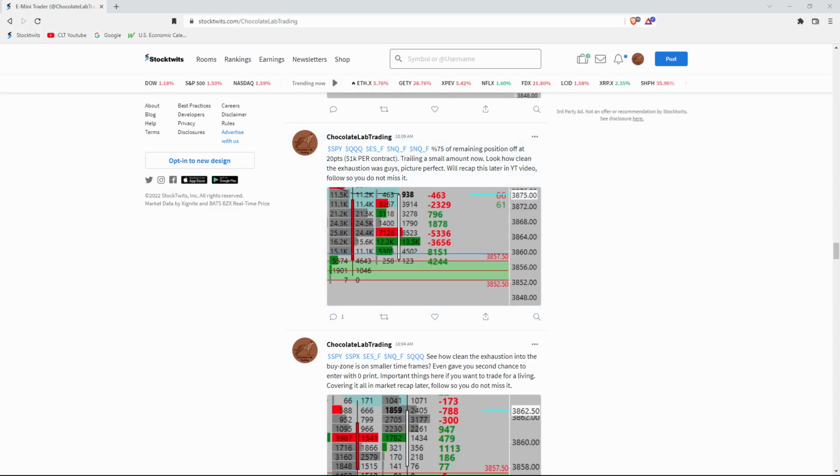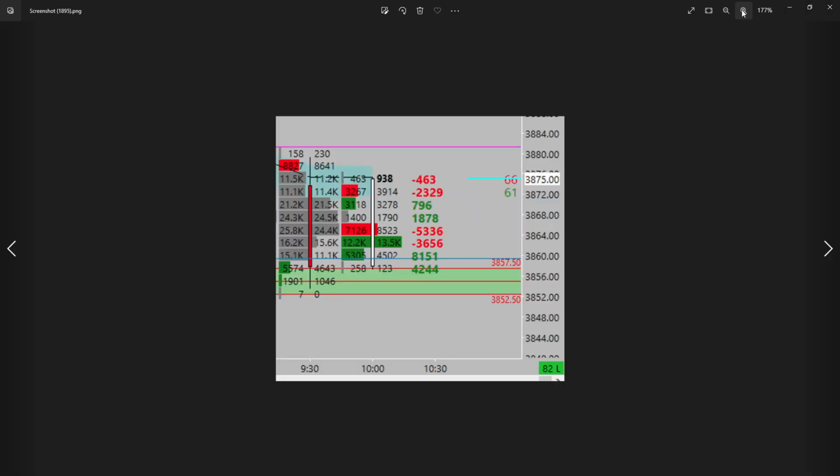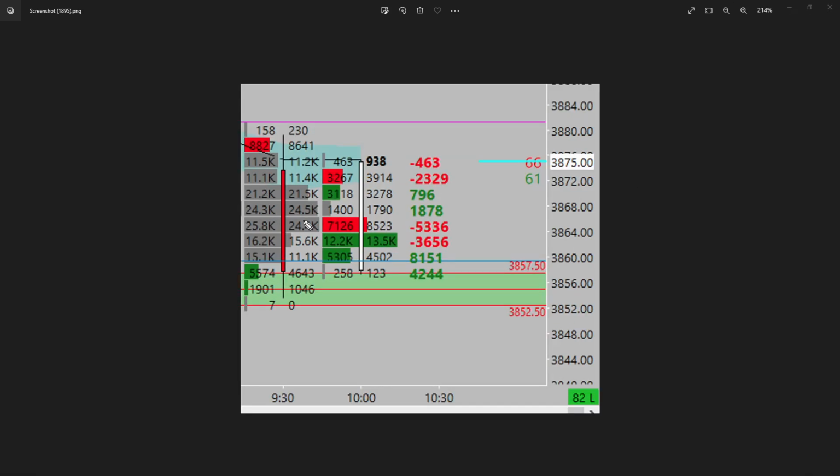Picture perfect. So I'm going to bring up, this is a 30-minute chart. One second. I didn't enter off the exhaustion from the 5-minute. I did definitely keep an eye on it, but what really gave me the confidence was here on the 30-minute. I believe it is much cleaner, at least to me.